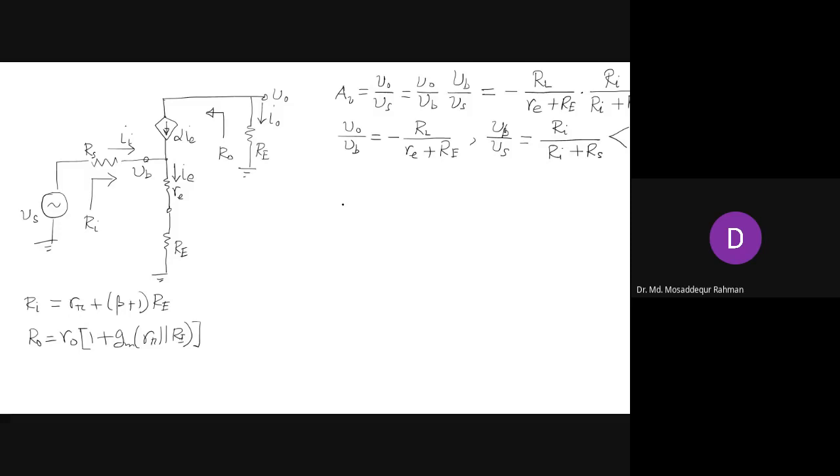So now we have determined the voltage gain, and now we will try to determine the current gain, which is pretty straightforward. Ai is the output current I naught divided by the input current Ii. I naught is alpha IE with a minus sign, so minus alpha IE, and the input current. What is the input current?